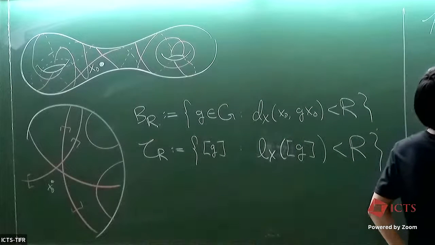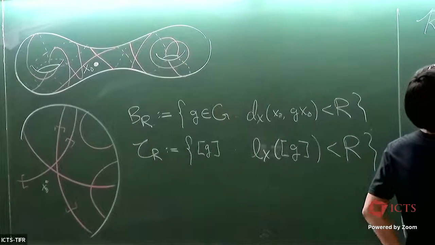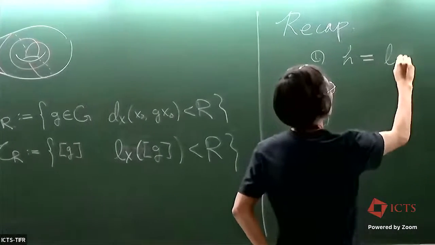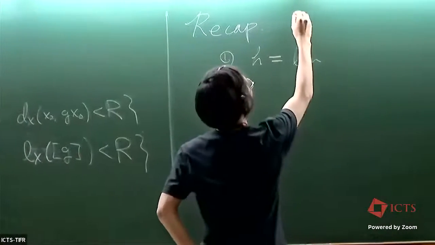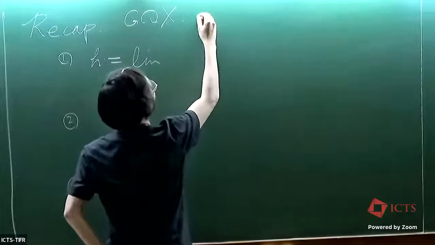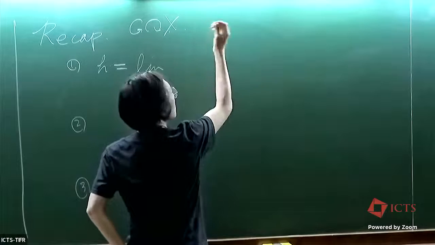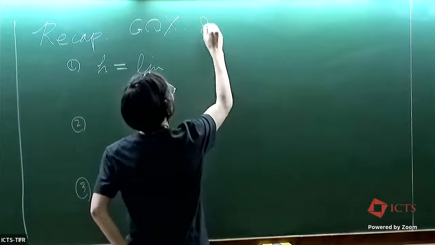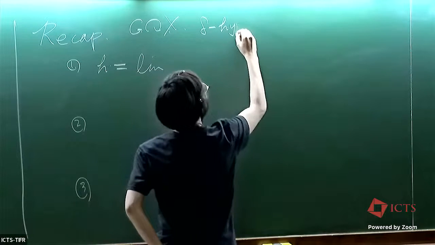So last time we wanted to see these kinds of things. First, the setting: G is acting on X. In general it's a geometric metric space, but for now it is a delta hyperbolic space.